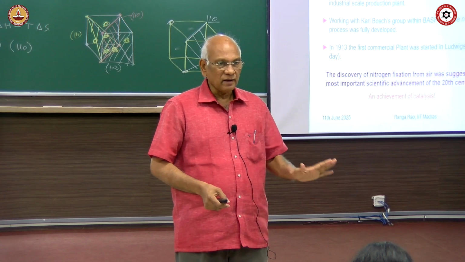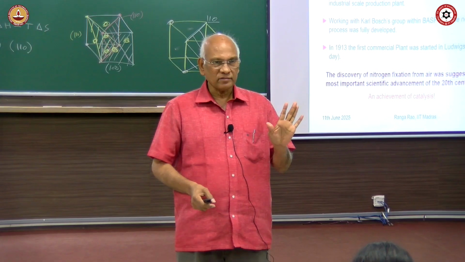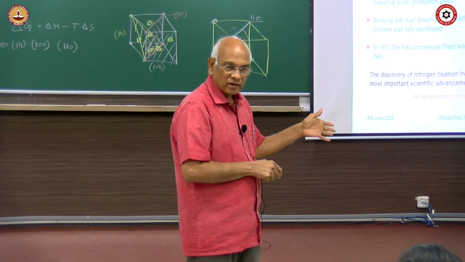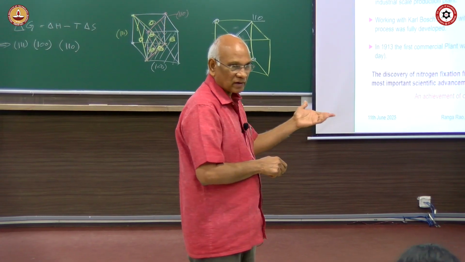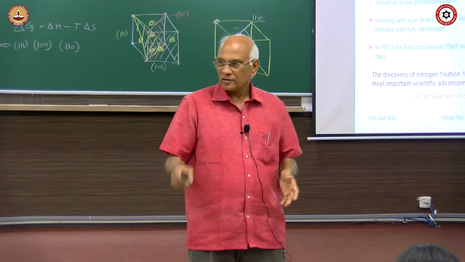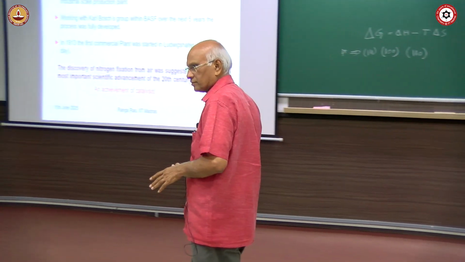It is potentially a Nobel Prize winning problem, if somebody can decrease this temperature from 300 to even 100 degrees, or less than 100 degrees centigrade, or room temperature, and then less pressure. It is a very important problem that people are working on.